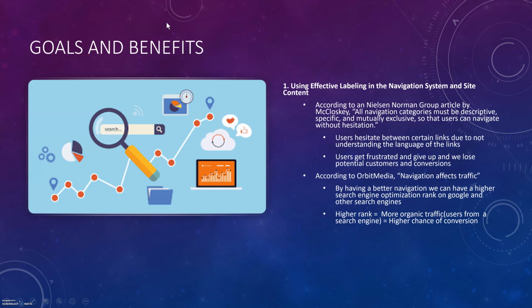We need to have one goal, just having post ads, so that the users know this is the action. There's only one action for this. If I want to post ads, I just click on this. Because users get frustrated, as I mentioned before, with the post ads and submit ads, and they don't know what to click on. And as a result, we lose potential customers and conversions because they just give up because they can't get what they're really looking for.